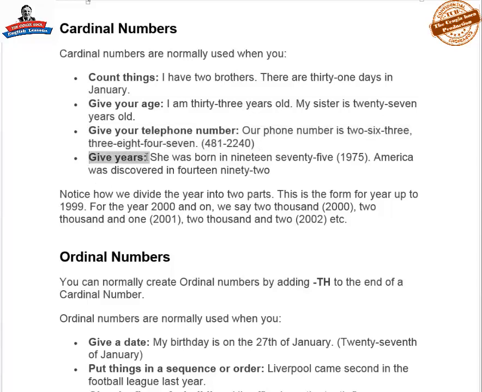To give years, for example, she was born in 1975. America was discovered in 1492. Notice how we divide the year into parts. This is the form for years up to 1999.